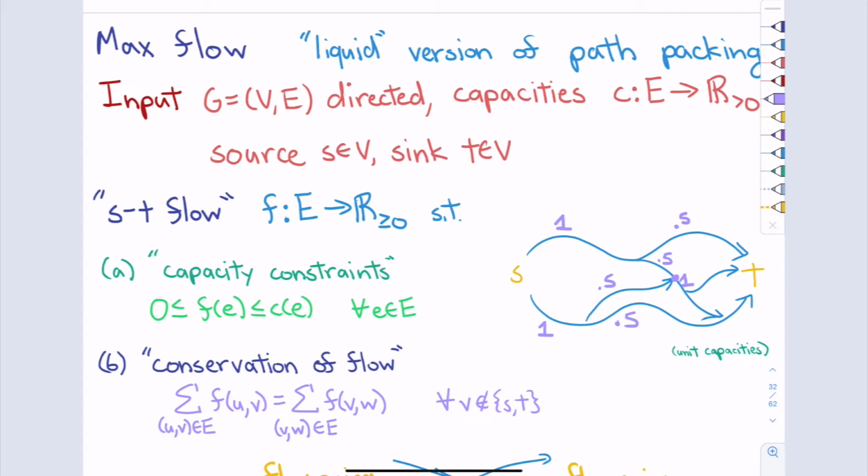Maybe 1 like that. And then at this point, I'm welcome to split it up again, so maybe I'll send 0.5 there, 0.5 there. Again, at this junction point, we have 1 unit of flow going in, so 1 unit of flow has to go out. So this would be sending 2 units of flow from S to T.